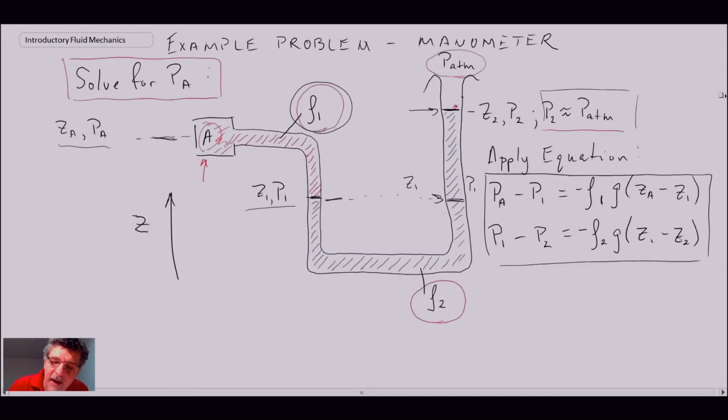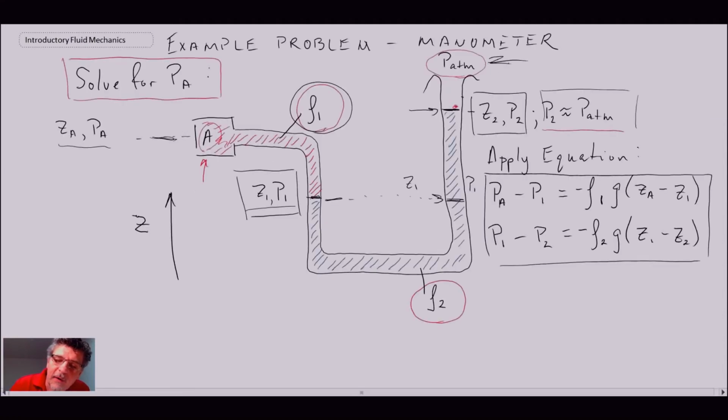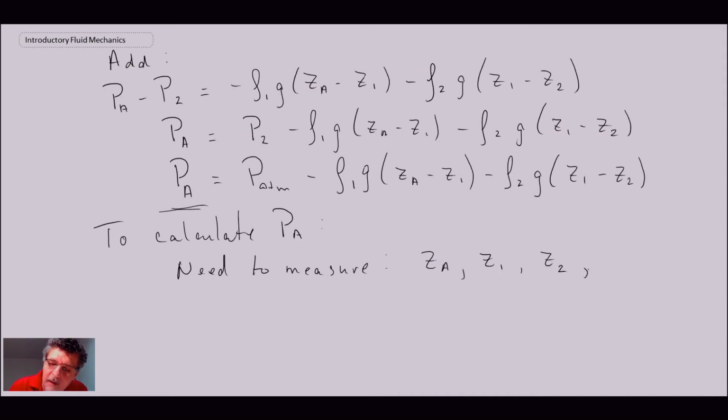So let's take a look back. We need to be able to measure this interface here, and we need to be able to measure that interface there. And the last thing we need to know is the atmospheric pressure. We also need P atmosphere. So with that, in order to get PA, we need to measure the geometry, interface, and atmospheric pressure.